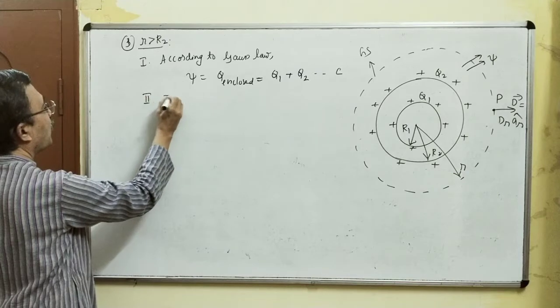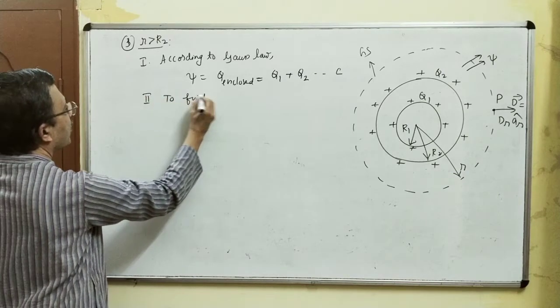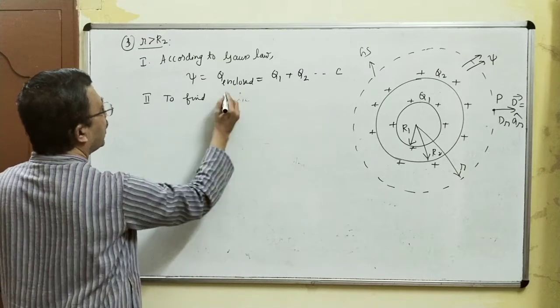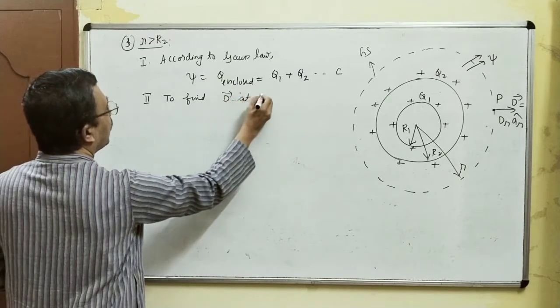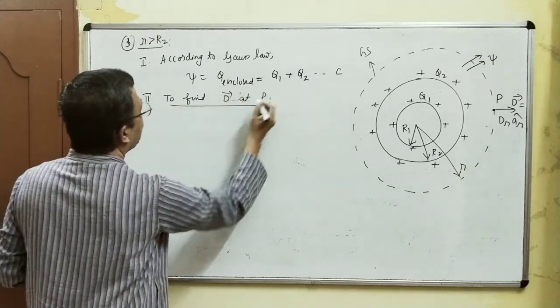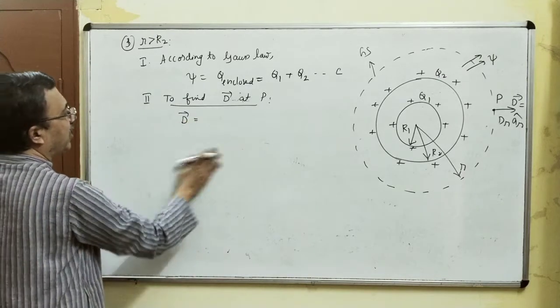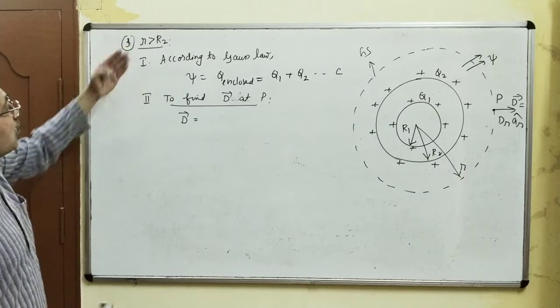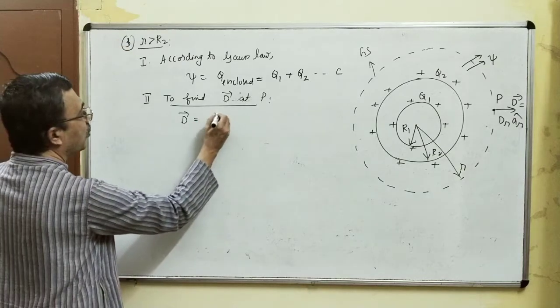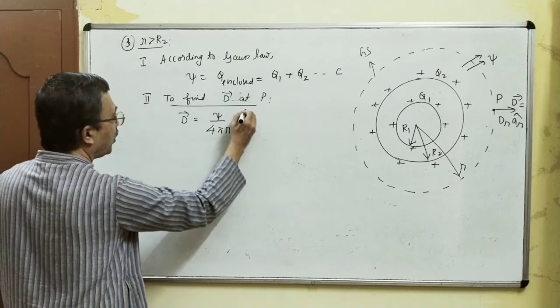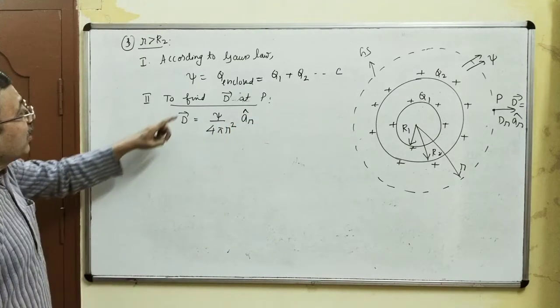Second step, to find vector D at point P. From case number 2, we know that vector D is equal to psi divided by 4 pi r square into ar cap. But here, what is psi?